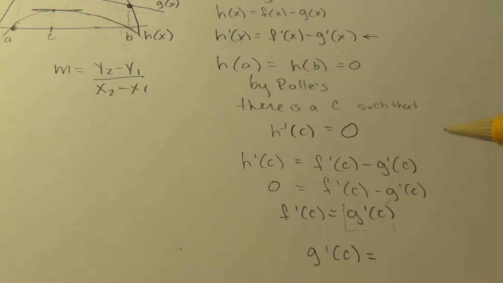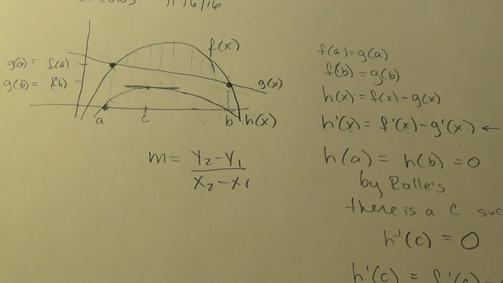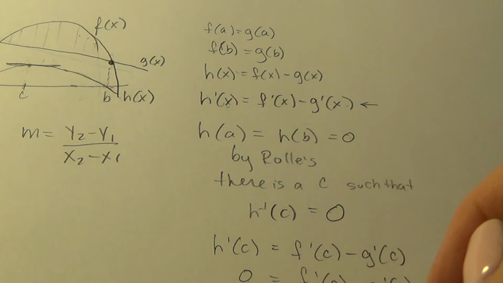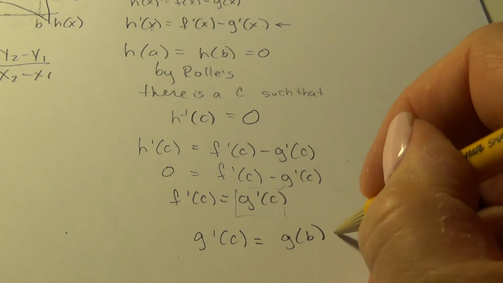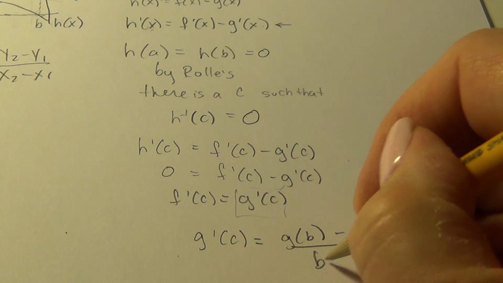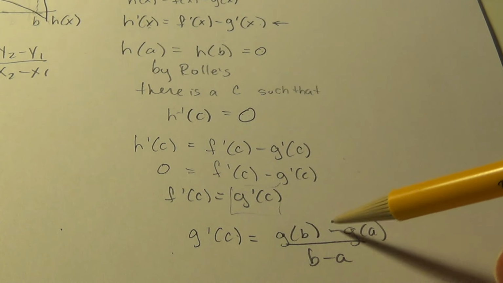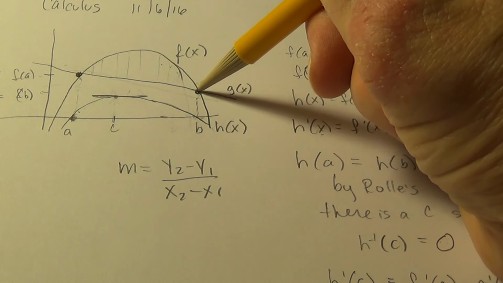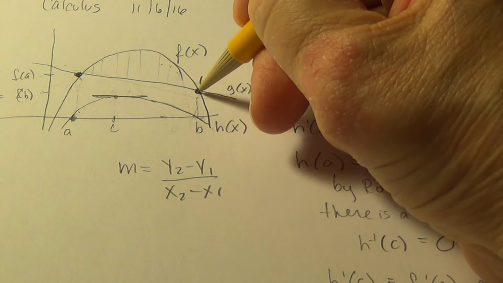So I'm going to fill in those values from the picture. So I'm going to say g at B minus g of A over B minus A, because I know the slope of a straight line is y2 minus y1 over x2 minus x1. So I'm doing that with these 2 points. I'll put it a little more clear.